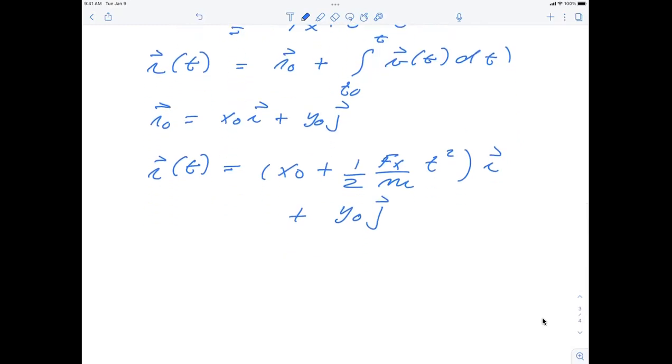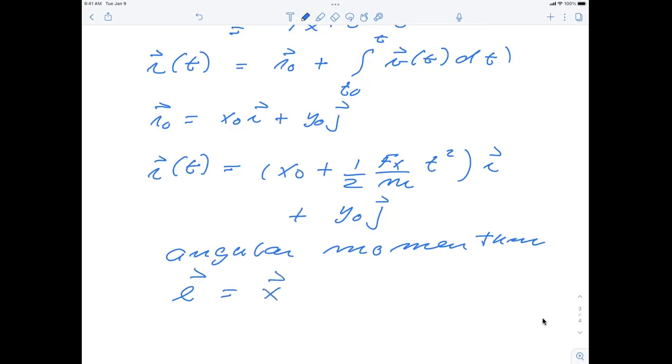With these terms, we can now calculate the angular momentum. So the angular momentum in this specific case is given by definition by an object which is orthogonal to the plane which is spanned by the position times the linear momentum. And now we have an expression for the linear momentum.